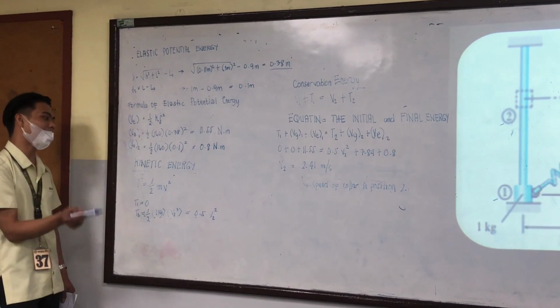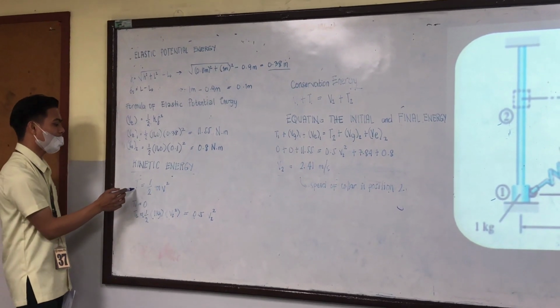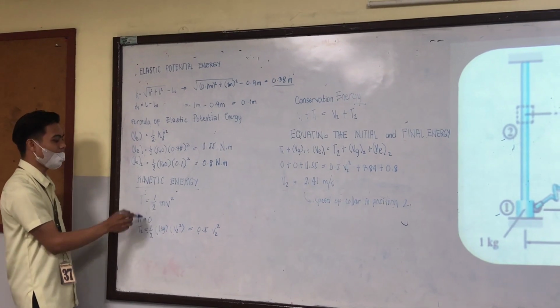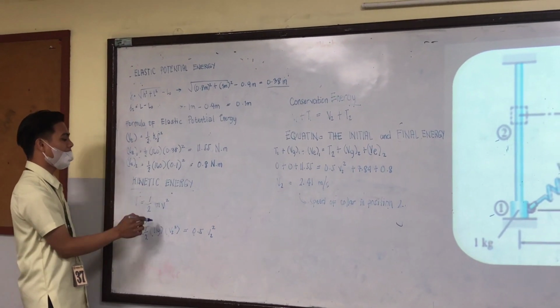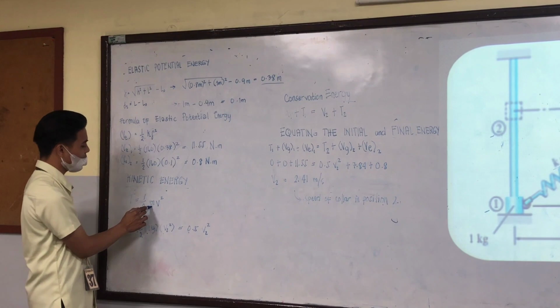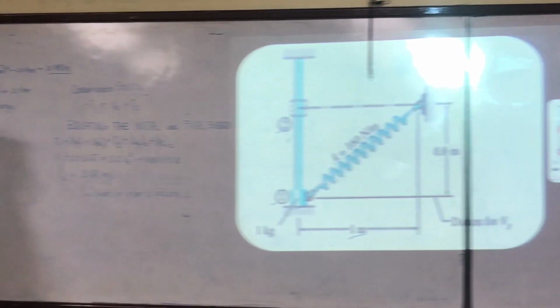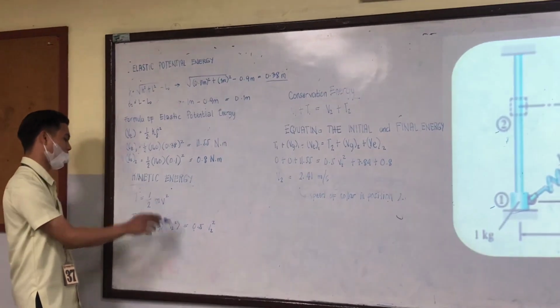So the formula of kinetic energy is T. T is studied as the kinetic energy. T is equal to 1/2 times the mass or the weight of the collar times V squared.